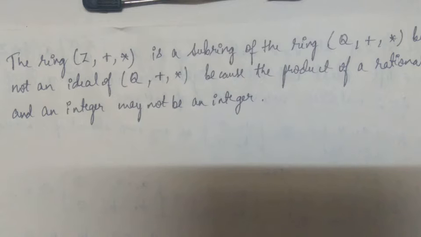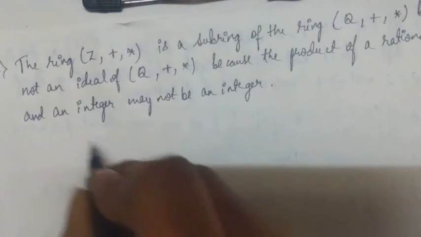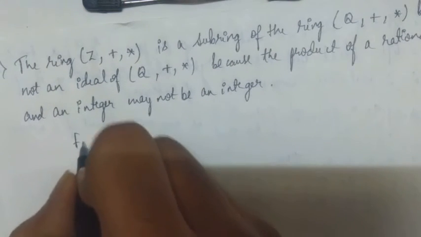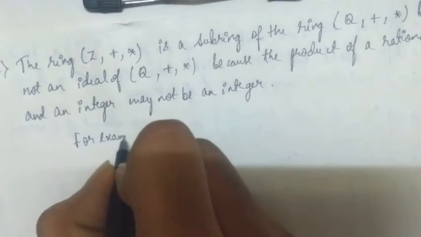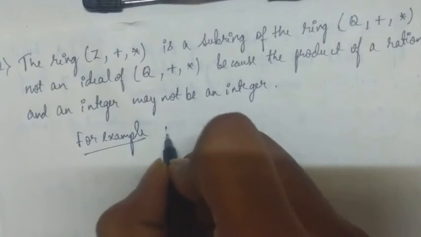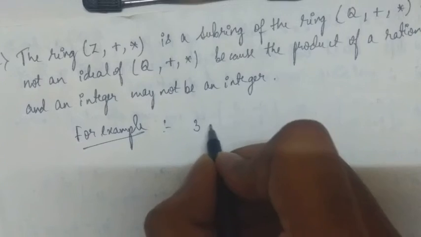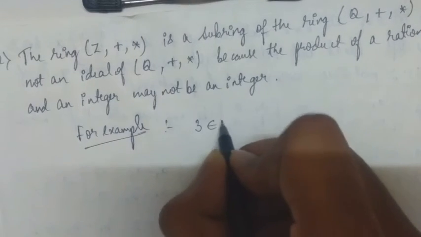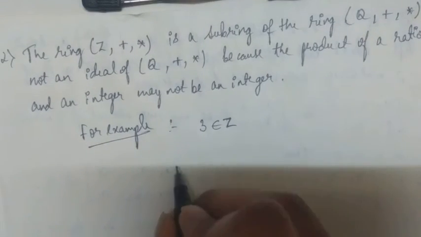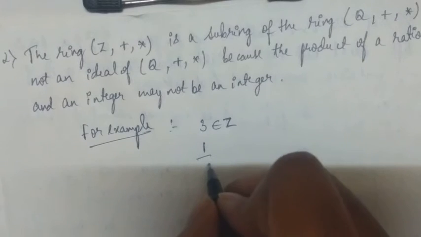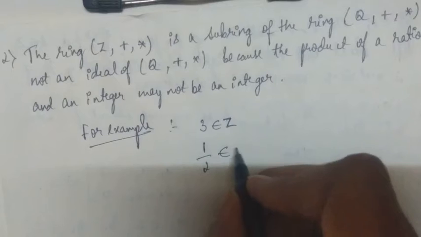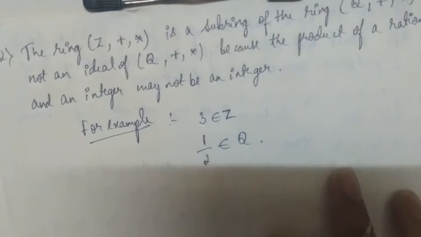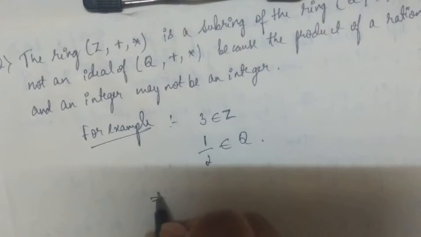Let's prove that with an example. Let's take, for example, 3, which is an integer. Let's write it as z. And 1 by 2, quite a famous one, is a rational number.